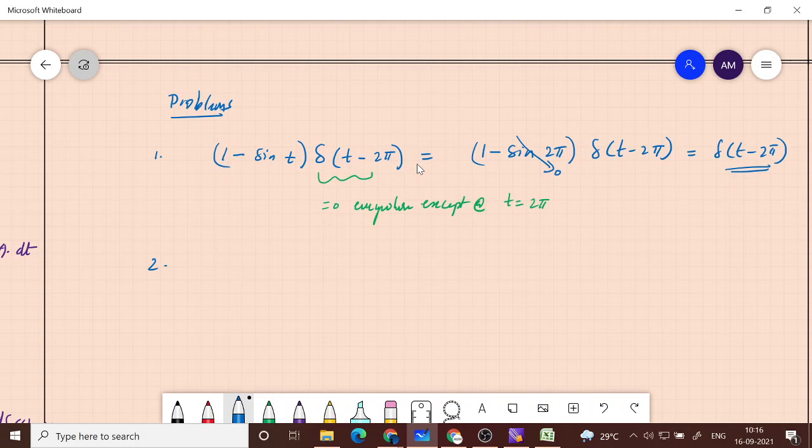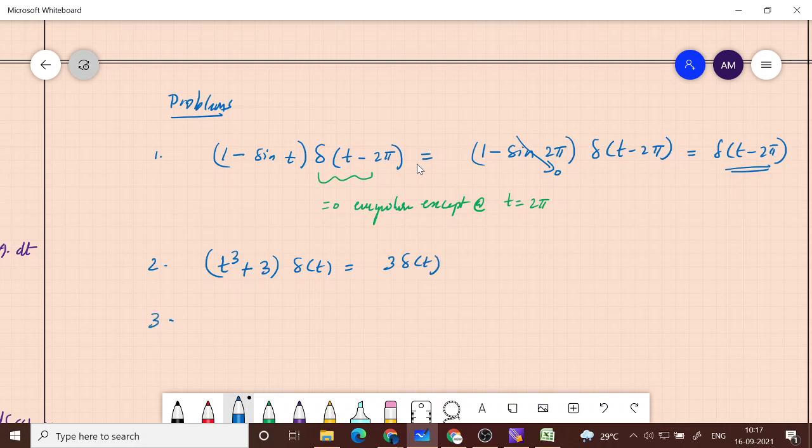Another problem, from the textbook which I posted. t cube plus 3 delta of t is equal to what? Same problem, very similar. So delta of t is 0 except at t equal to 0. If you put t equal to 0 here, t cube doesn't appear, so it will be 3 delta of t.